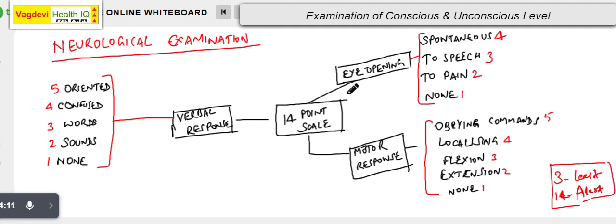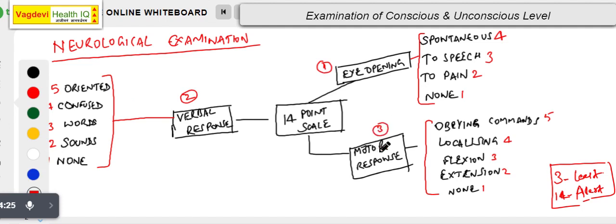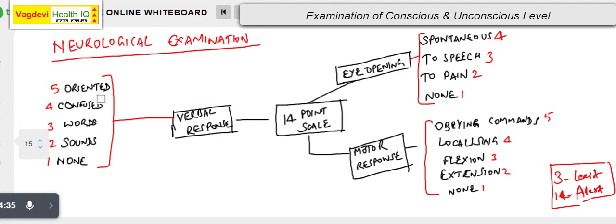Okay, how you have to see: component number 1, then component number 2, then component number 3. So rather than 1, 2, 3, I will make it easy for you to remember.